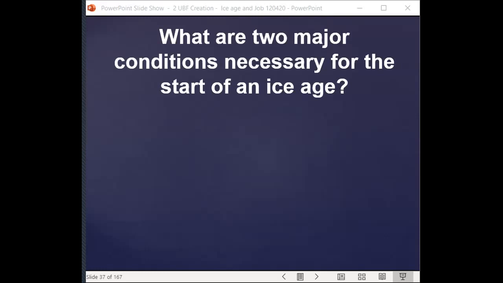That's not easy, right? So first, for the snow formation, number one, there must be evaporation of water from the ocean. So we need a warm ocean, number one. So we have to have a condition that makes a warmer ocean. What is the other condition that is necessary for the start of an ice age, for the ice sheet formation?